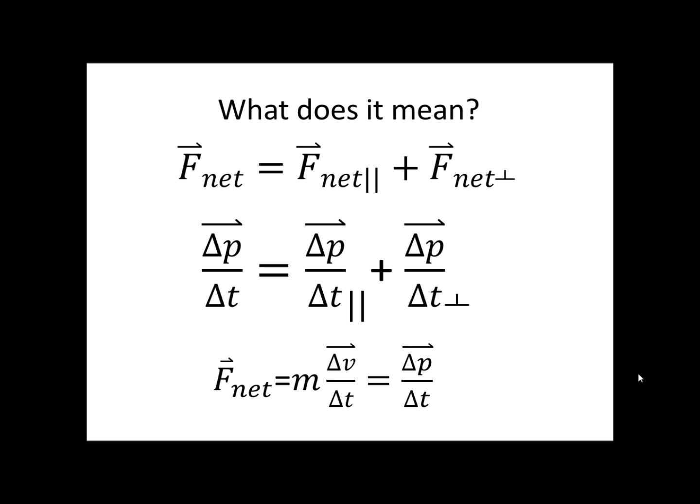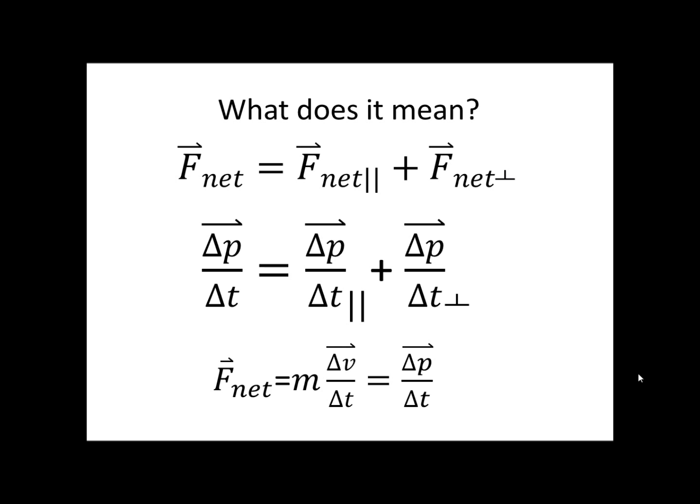The net force of the star is a vector that is made up of 2 other vectors. One of these 2 vectors is the component that is parallel to the direction of velocity. The other vector is the component that is perpendicular to the direction of the velocity. Likewise, the rate of change of the momentum is the sum of a perpendicular component and a parallel component.